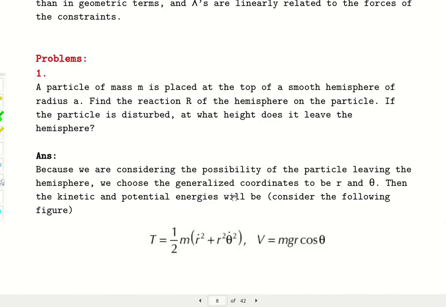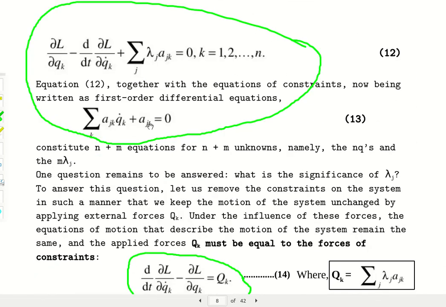So the differential form of the equation of constraint, see from here, this part is 0 because the time is not explicit here. So qk means q1 is your r, q2 is your theta, and k runs from 1 to 2.